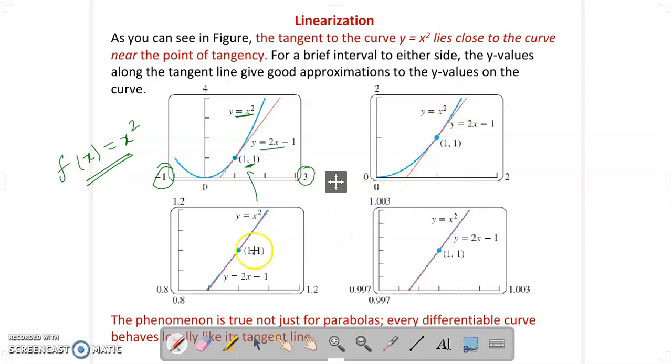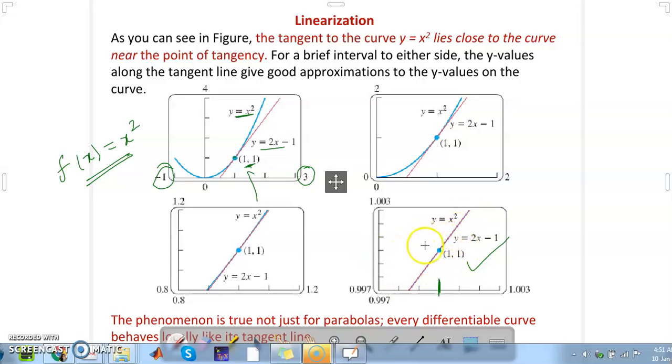Likewise you keep on zooming and eventually you see that the tangent line and the function for which you drew the graph are just coinciding with each other. So you see the y values along the tangent line are exactly the same as the y values on the curve.